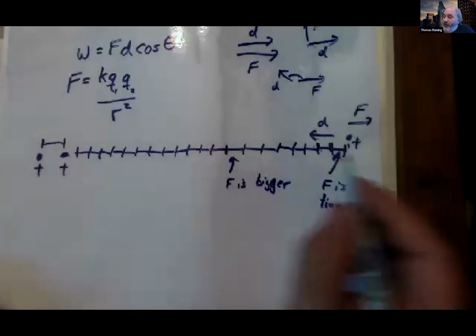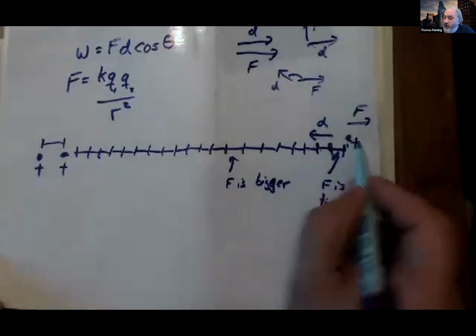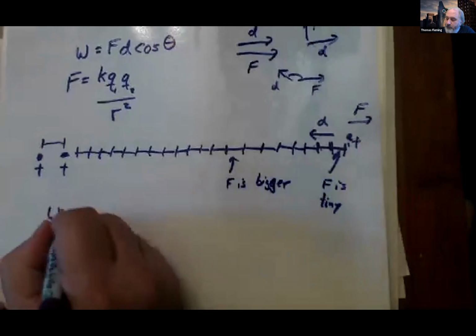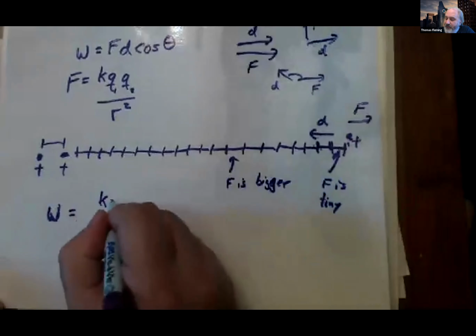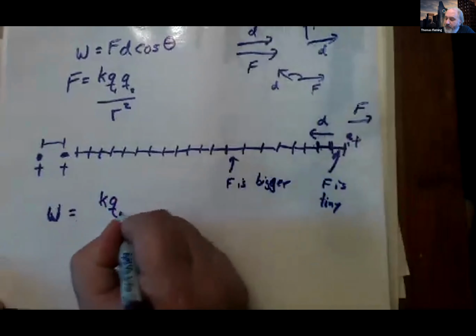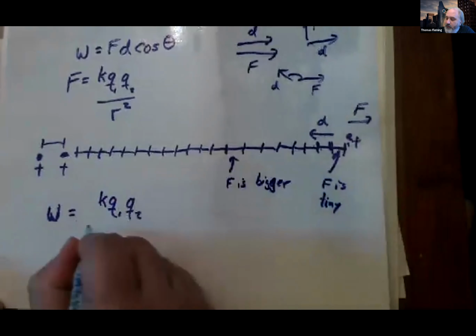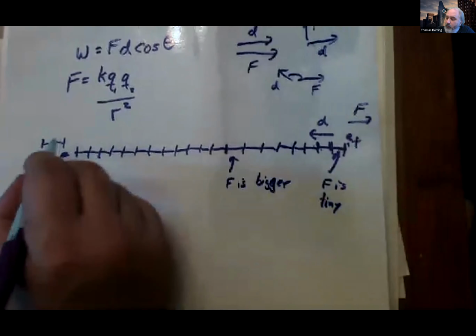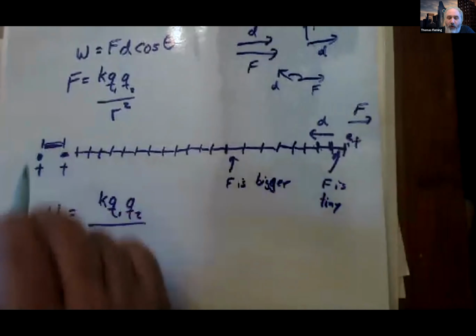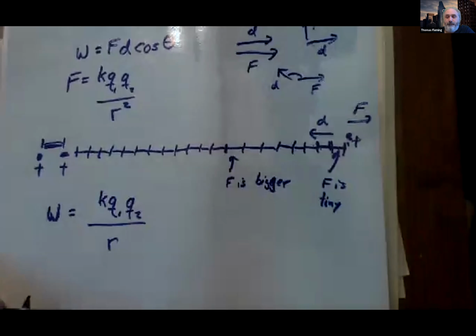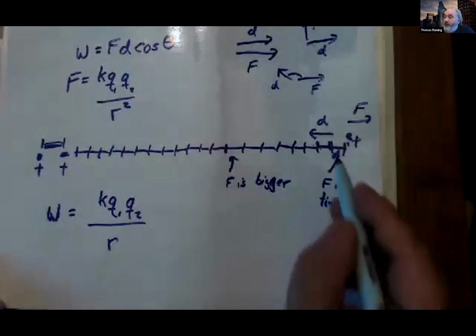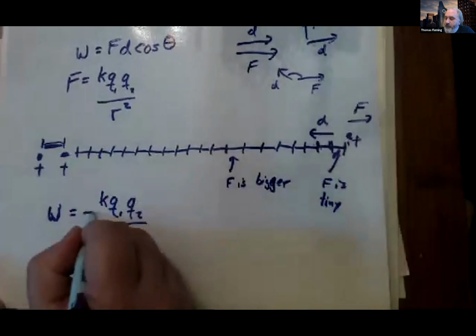It turns out that the work that I'm doing to go from here to here ends up being k times q1 times q2 divided by whatever final value of r I end up with, not squared. And to go from here to here, the work was negative.